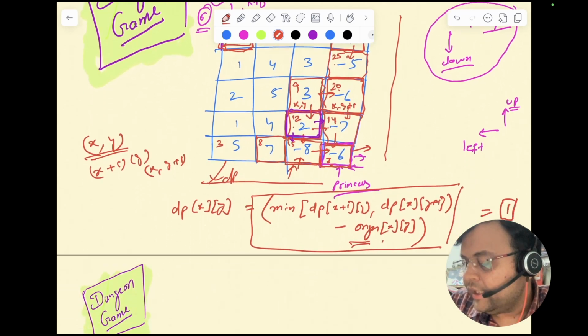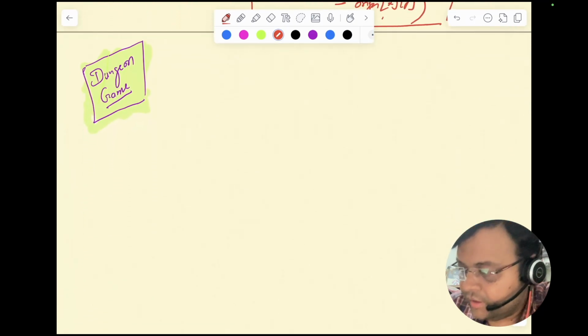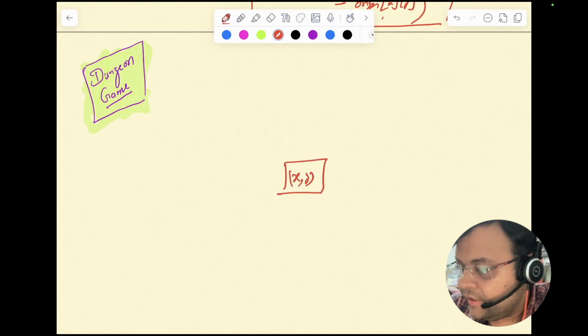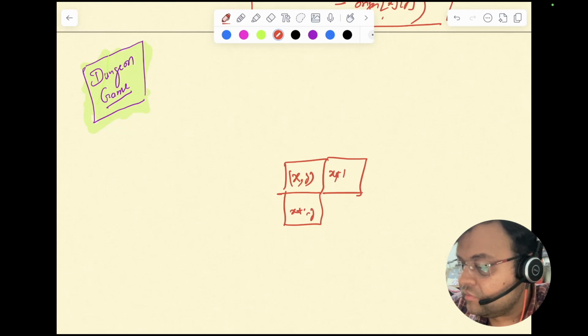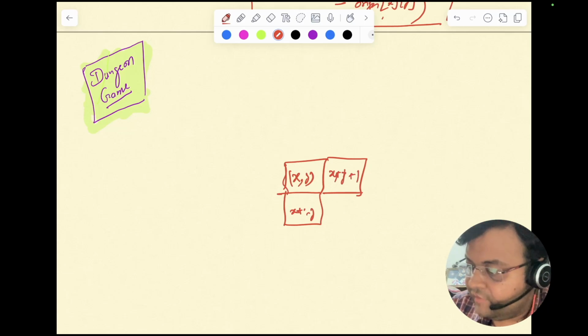So I'll show you once again. For example, we are at a box, say this is x, y, right? Now we have two boxes, this will be x plus 1 y, and this will be x, y plus 1. Now this is the value that we want to fill. For example, we are in the DP array right now.